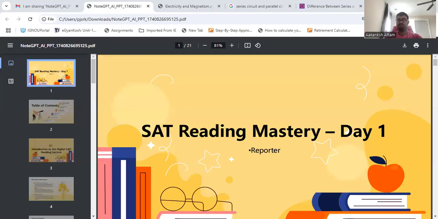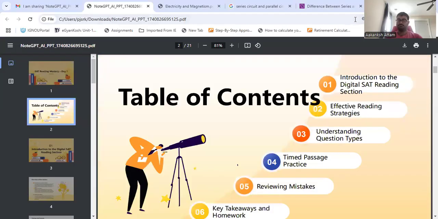Great. So let's quickly understand what exactly we will be covering in today's session. First of all, we will get an understanding of the digital SAT reading section. How does it look? Then we will explore effective reading strategies, which is really very important.